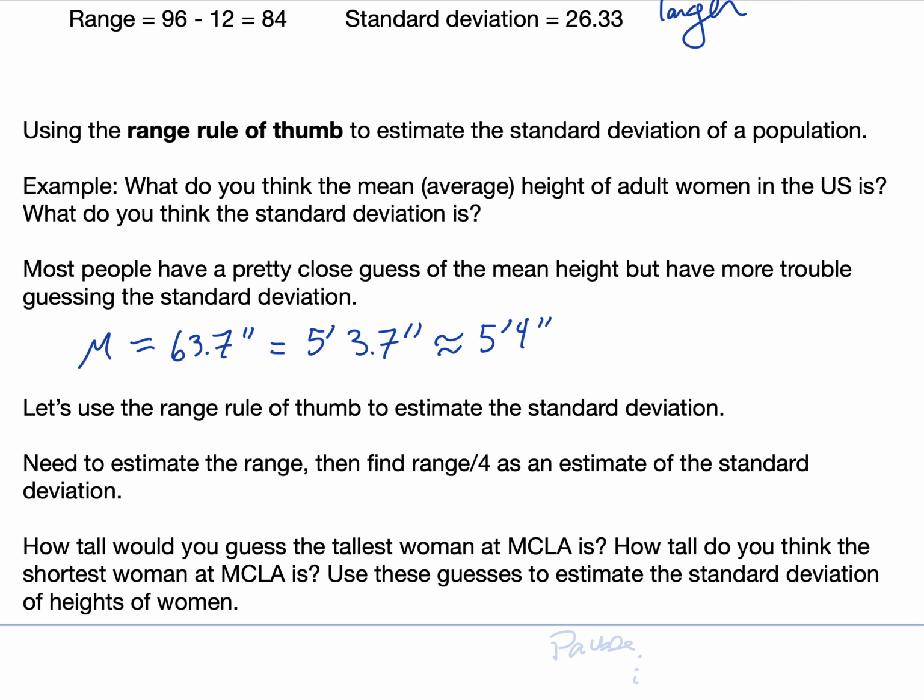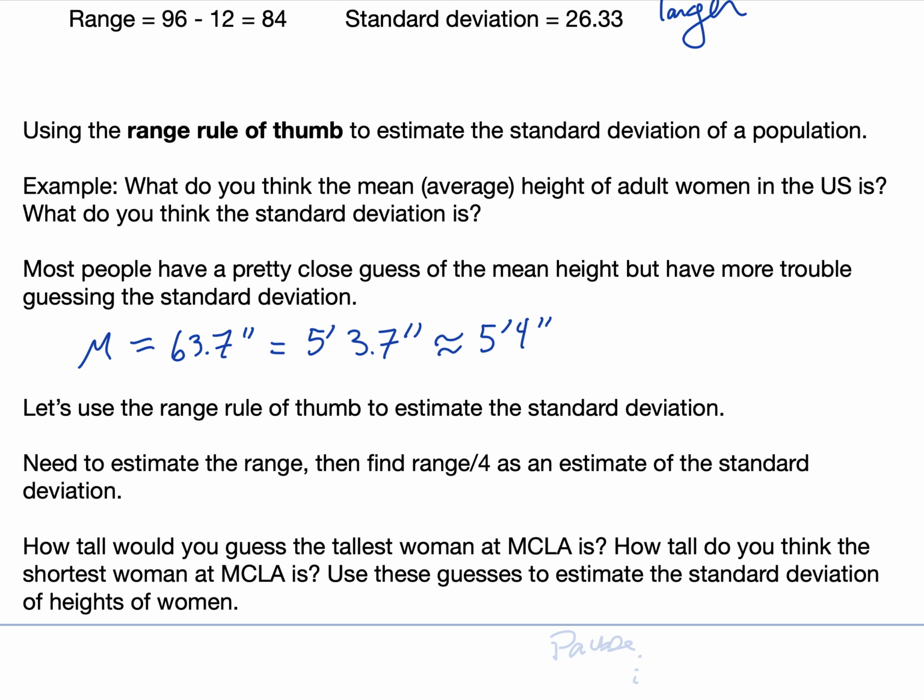The range rule of thumb works best if we leave out really extreme outliers. So think about the largest and smallest usual values.